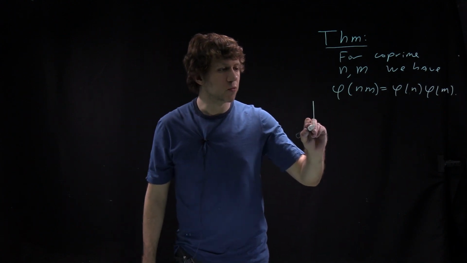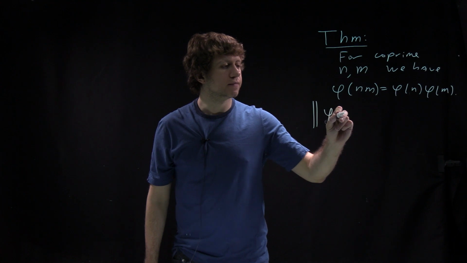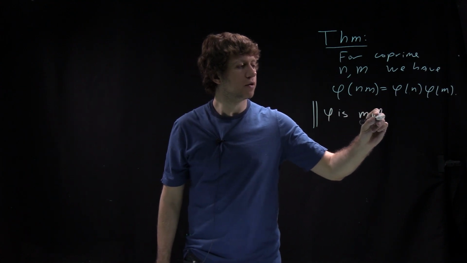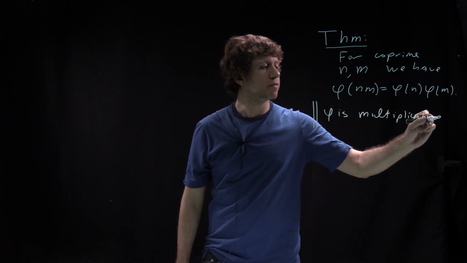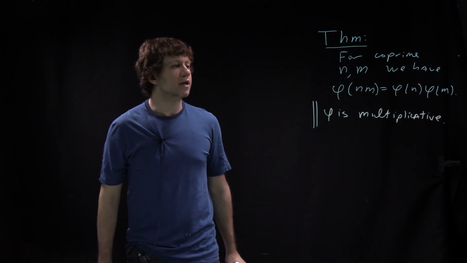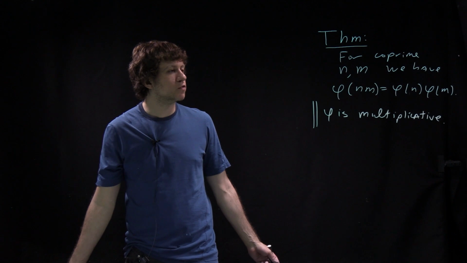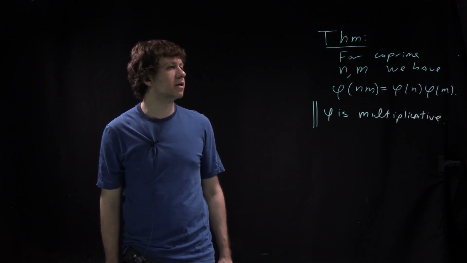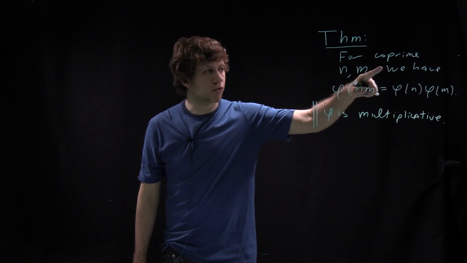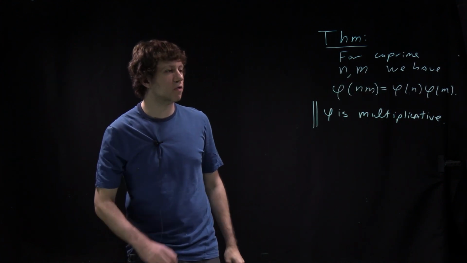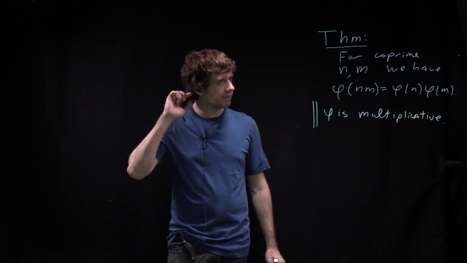People will say phi is multiplicative, but in number theory, in arithmetic, multiplicative has a different meaning. It's not that phi of any product of two numbers is a product. That almost never happens, but this is this property for coprime numbers. That's what's usually called a multiplicative function in number theory.